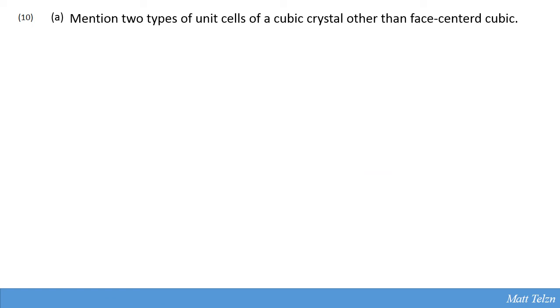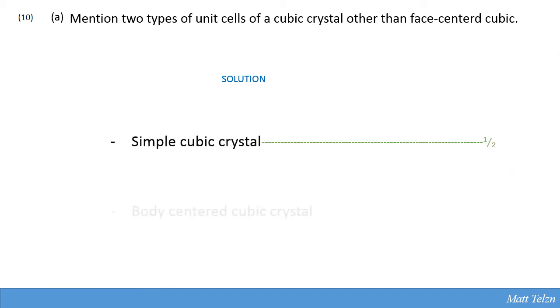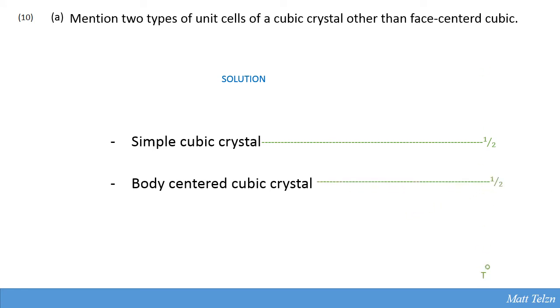Mention 2 types of unit cells of a cubic crystal other than face centered cubic. Simple cubic, half mark. Body centered cubic, half mark. Total mark is 3.